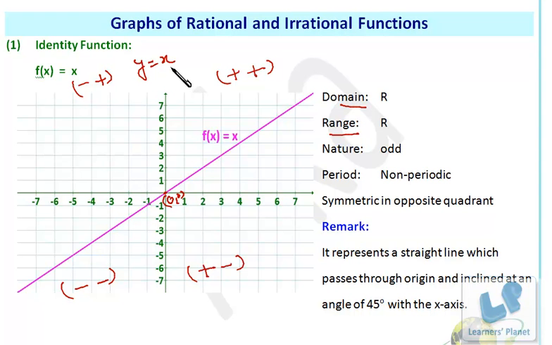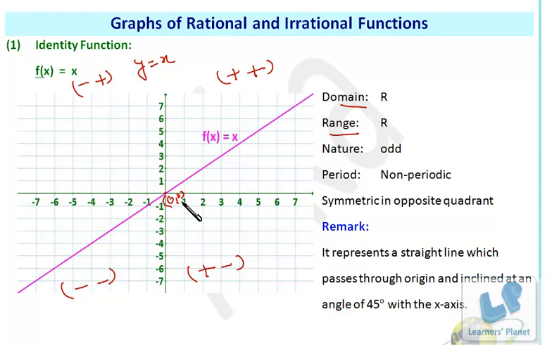So, and if x is 0, y is 0, that means this line is passing through origin, right? That is 0, 0. And it is in the first quadrant and third quadrant as well, because both of them are positive or both of them are negative. So that happens only in first and third quadrant, right?